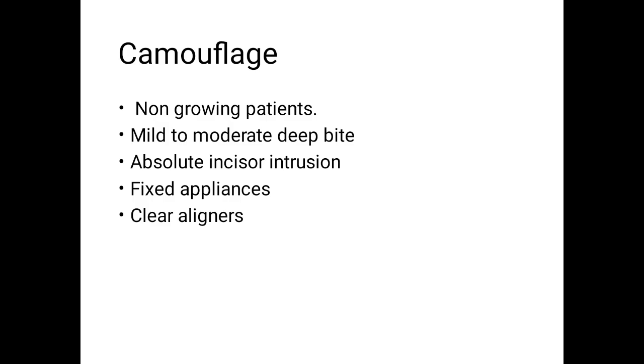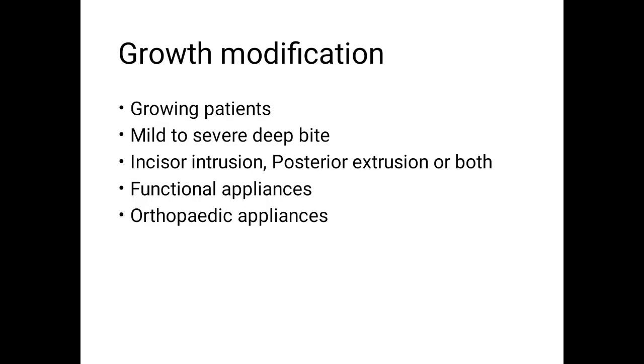Absolute incisor intrusion is where you actually do actual intrusion of the incisors, okay? And with relative intrusion, you're extruding a posterior so it will look like you intruded the incisors, but actually the occlusal plane has been flattened because you've extruded the posterior, not intruding the incisors. Now for this, you use fixed appliances. You can use clear aligners.